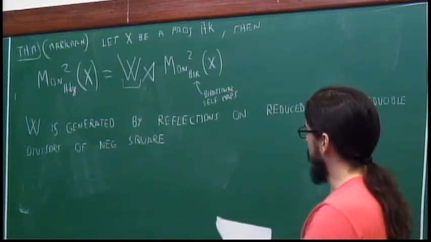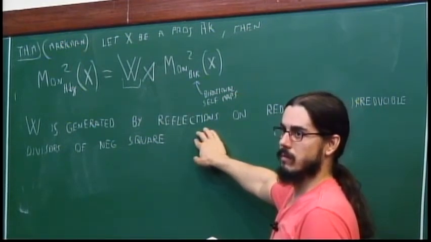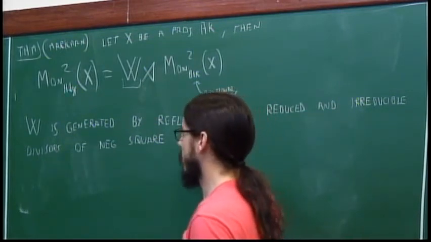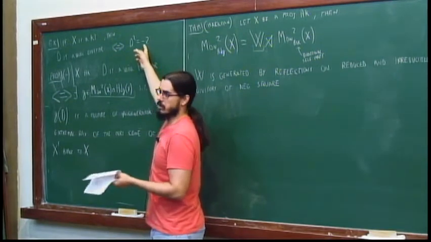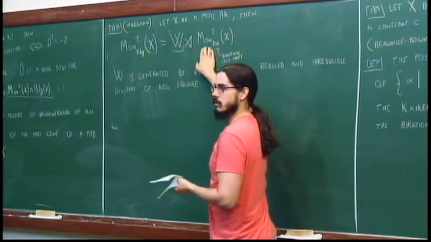So part of the theorem is also that these reflections are integer isometries, which is non-trivial in principle. In the K3 case, these reflections are reflections on -2 vectors, so everything is fine. And these are only the automorphisms of the surface.